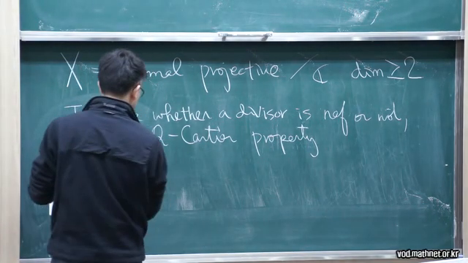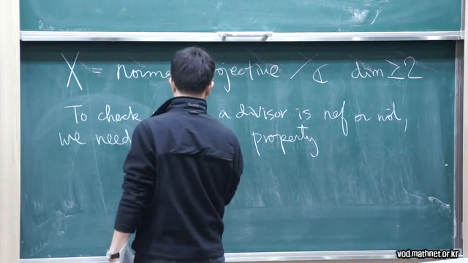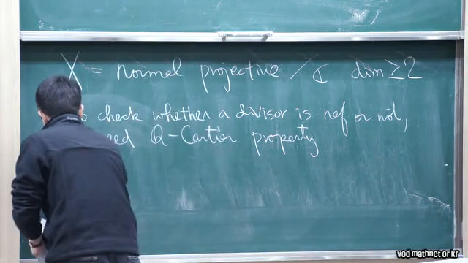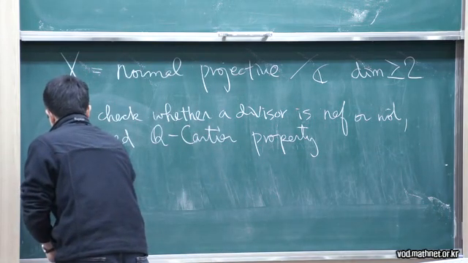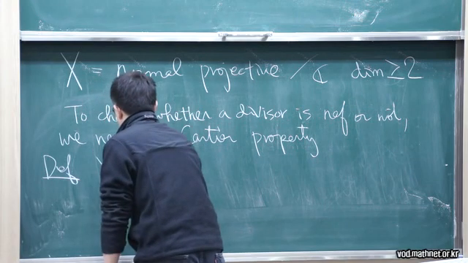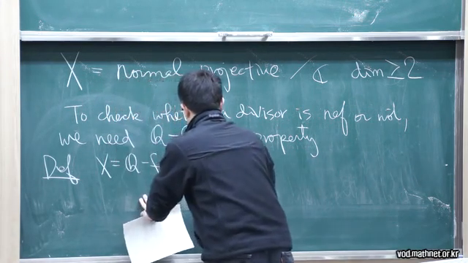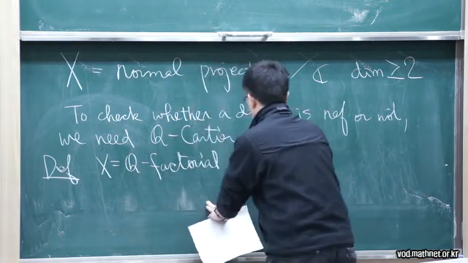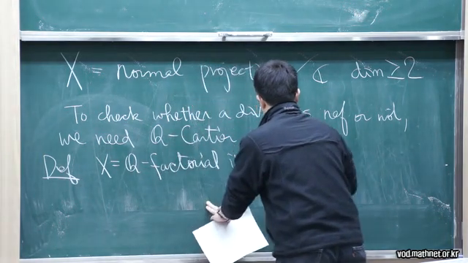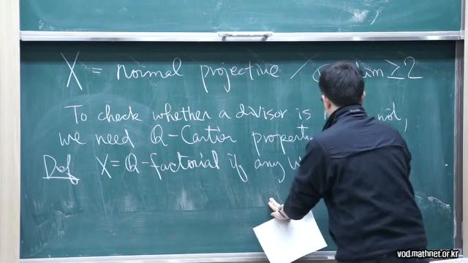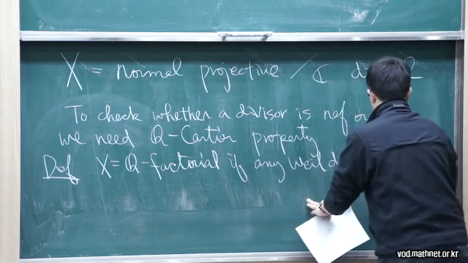So, Q-factorial definition. X is Q-factorial if any Weil divisor is Q-Cartier.